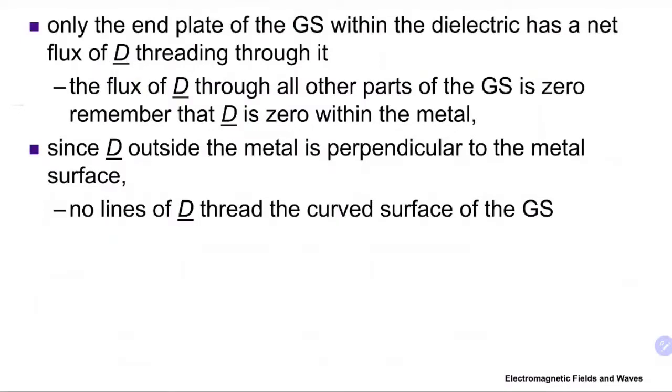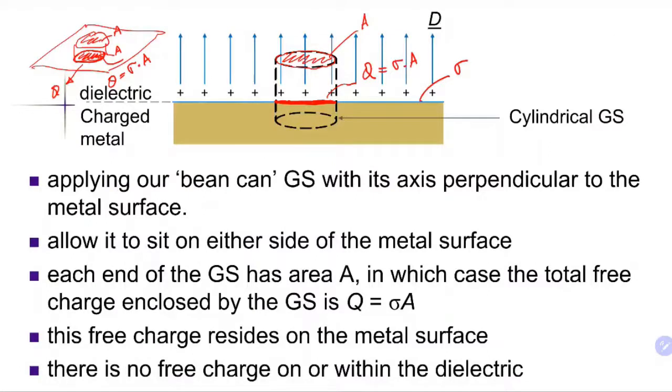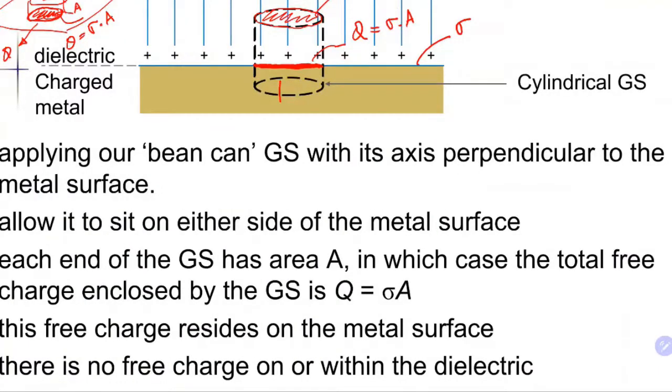So the electric flux that is traveling through my Gaussian surface is only on the top where the dielectric is. There is no electric flux traveling through the bottom surface because that surface is inside the conductor.